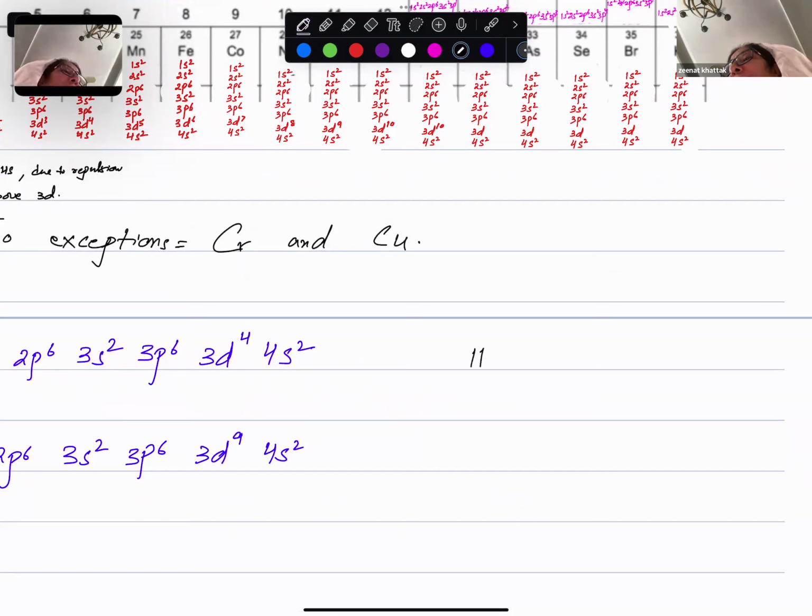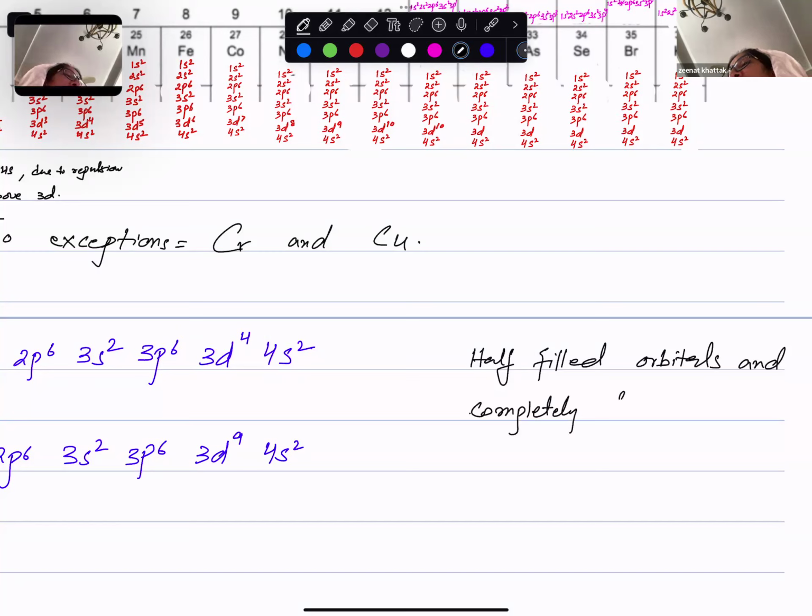Half filled orbitals and completely filled orbitals are more stable. Why?